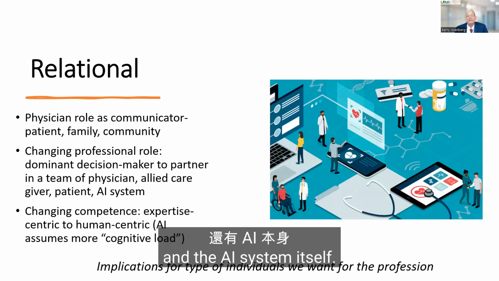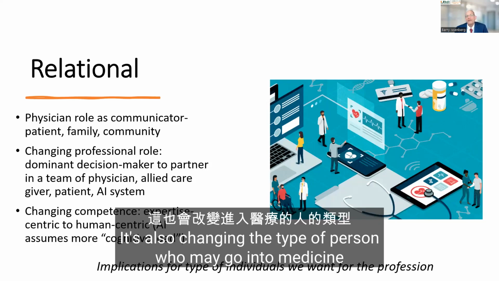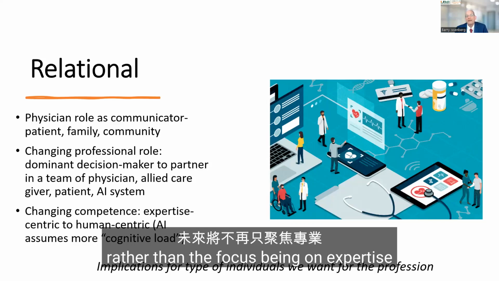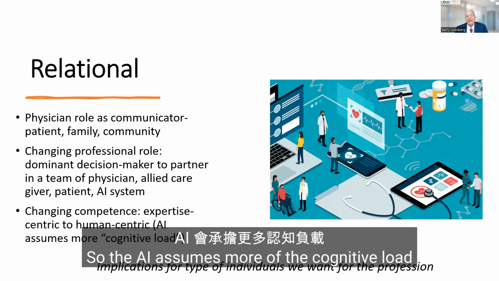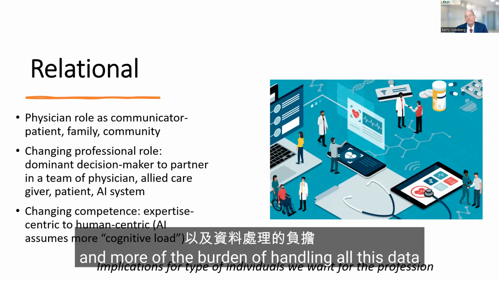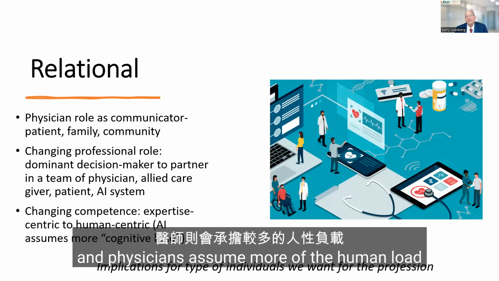And it's also changing the type of person who may go into medicine. Rather than the focus being on expertise to more being human-centric. So the AI assumes more of the cognitive load and more of the burden of handling all this data, and physicians assume more of the human load.